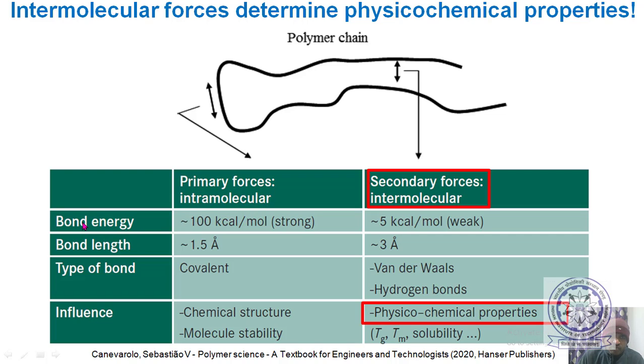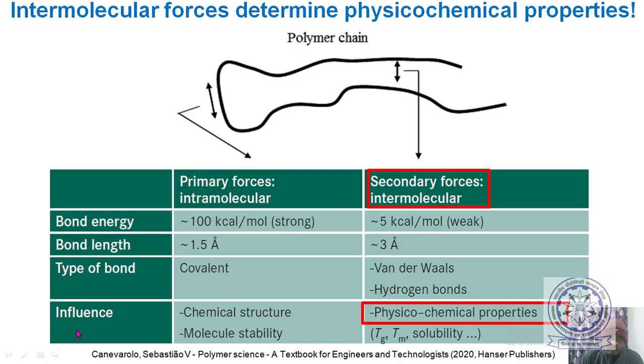The bond energy in intramolecular forces is very high, about 100 kilocalories per mole, very strong, while intermolecular forces are just 5 kilocalories per mole, weak. The bond length is 1.5 angstroms here, and a little more, 3 angstroms, there. The bond type is covalent, while in this case it is van der Waals or hydrogen bonds.